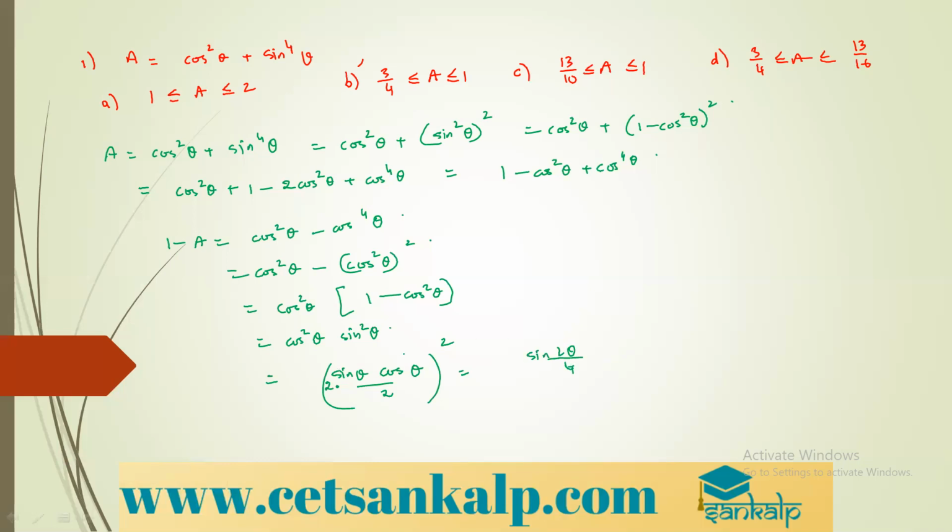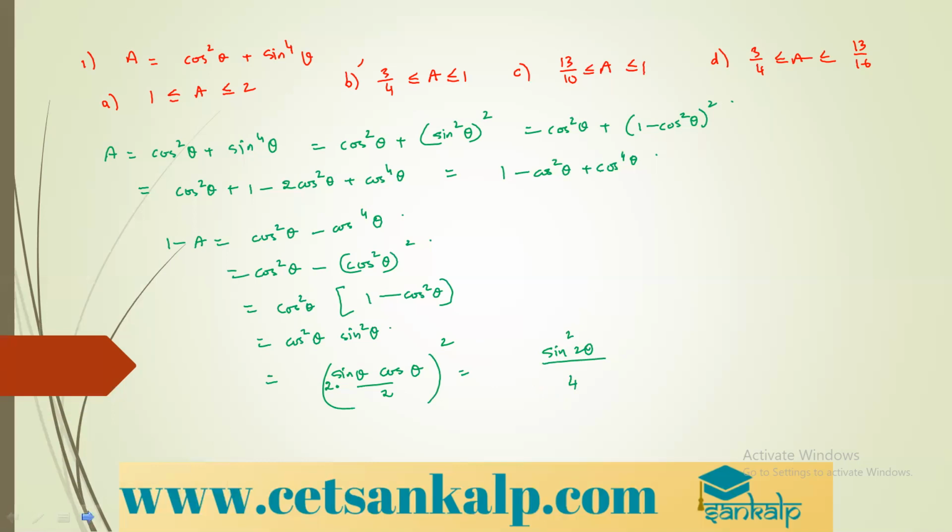Instead of writing in 2 steps, the numerator is sine 2 theta squared and the denominator is 2 square, that is 4.